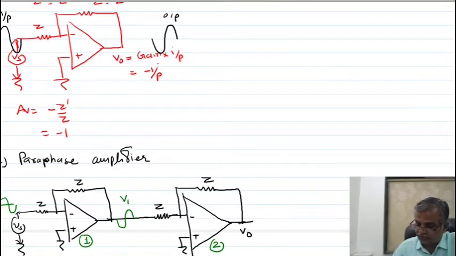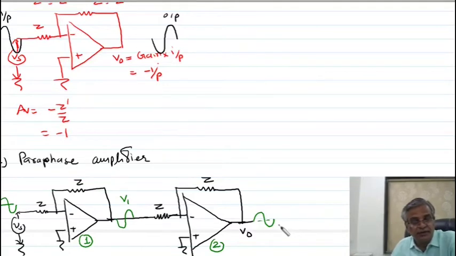The output of this inverter is the invert of this input signal Vs. The amplitudes of V1 and VO are the same as Vs. There is a 180 degree phase shift between V1 and Vs, and a 180 degree phase shift between VO and V1.